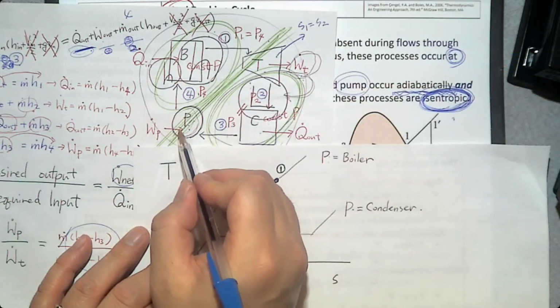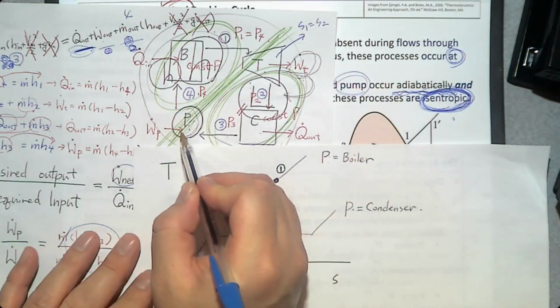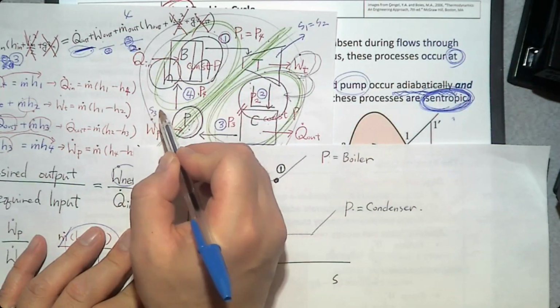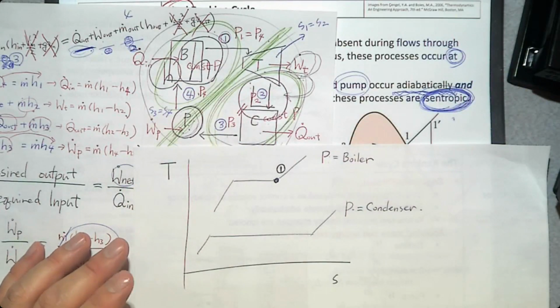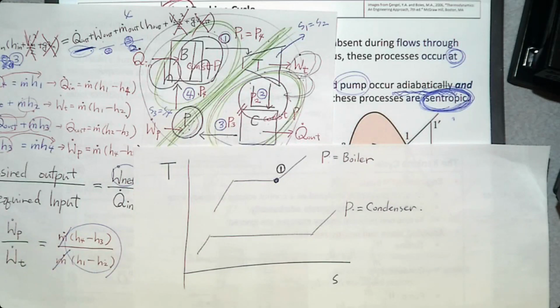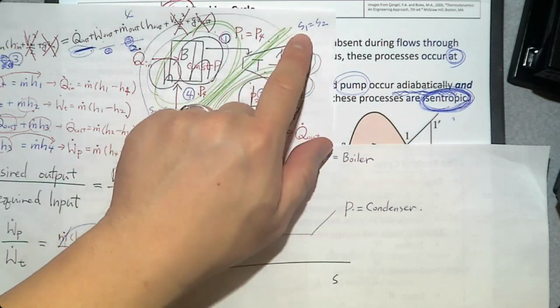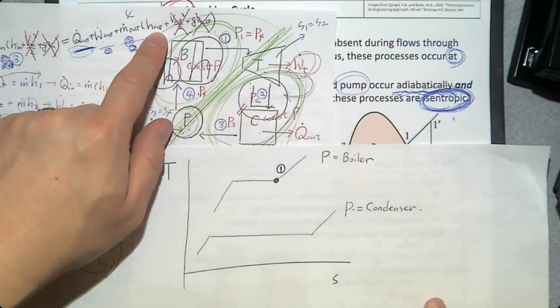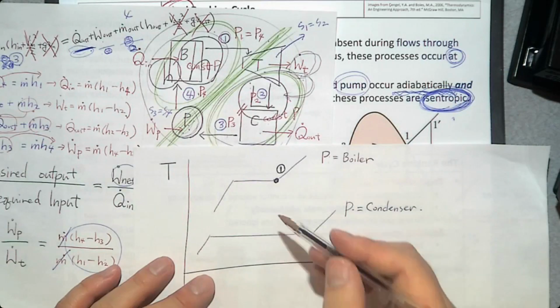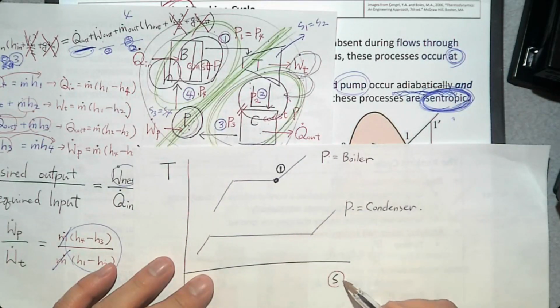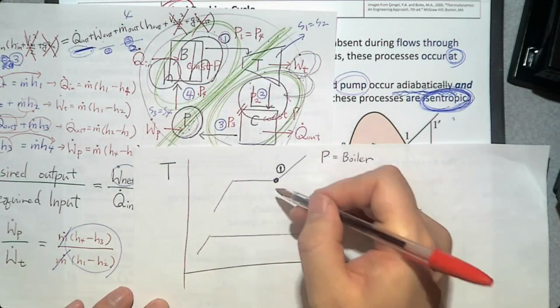And this pump is also an isentropic pump, so S3 is S4. So we have an isentropic process from high temperature to a low temperature. This S remains constant.